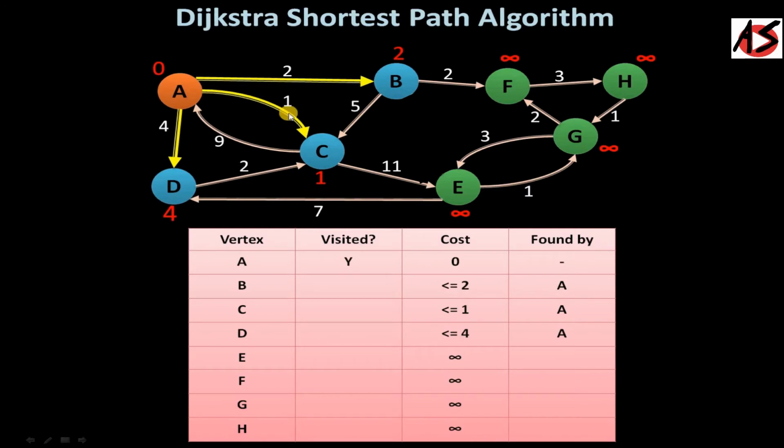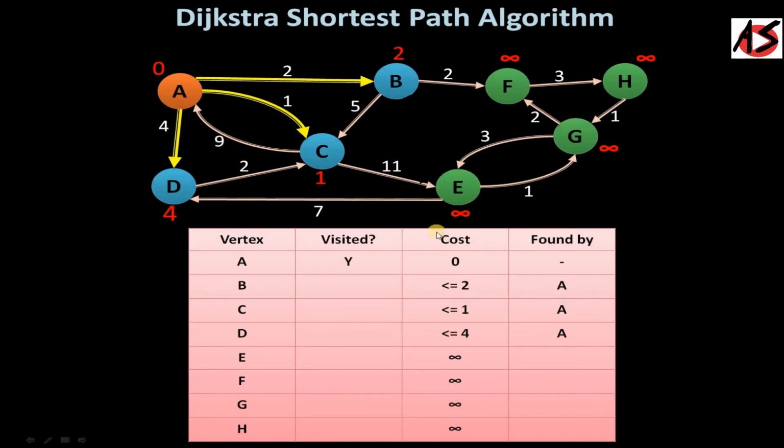You can see here the cost of B from A. Here we will write the cost as less than or equal to 2. Why are we writing so? Because 2 is the cost of the direct connection, but it may be possible you have another connected path with cost less than 2.